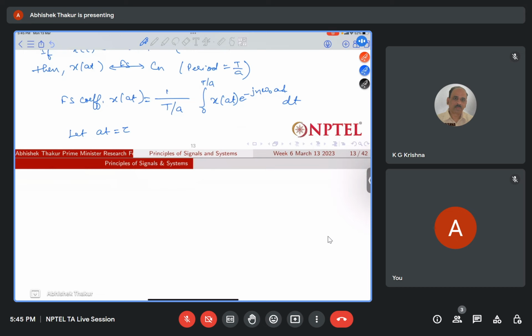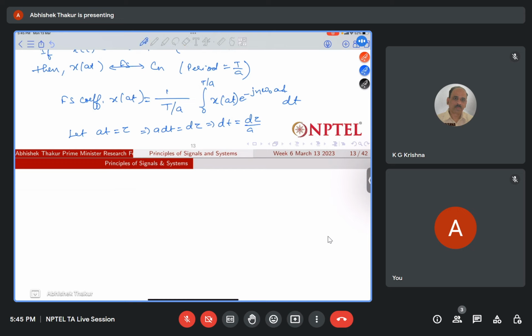Then we will get this integration 1 by T. If a t is tau, then a of dt is equal to d tau, so dt is equal to d tau by a. So we'll substitute dt is equal to d tau by a.